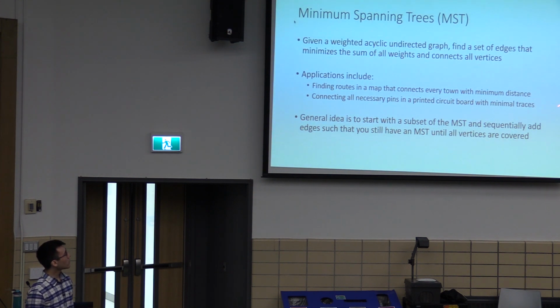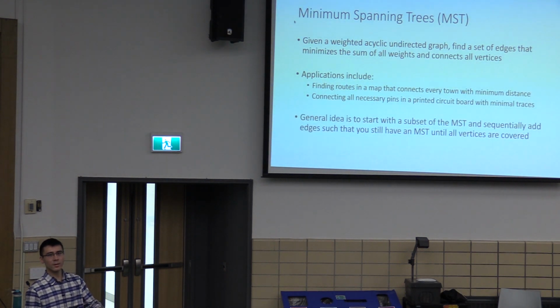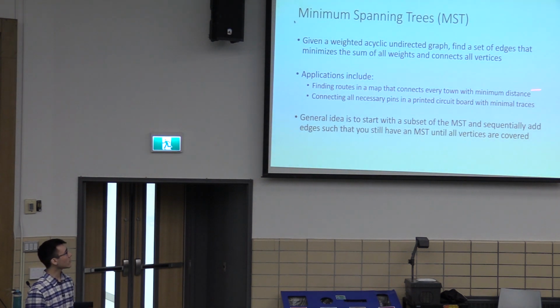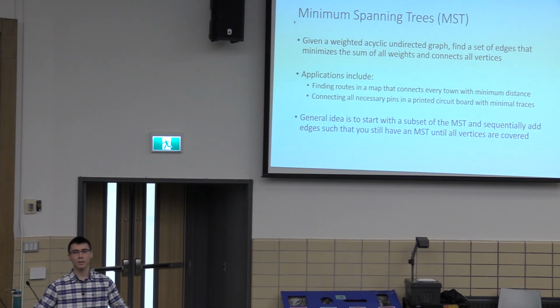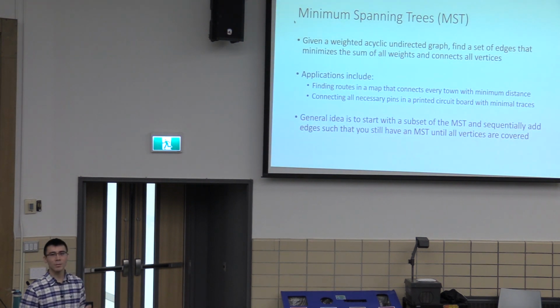We want to find how we should best do it to minimize the trace length. So how much copper is going to be required to actually connect different pins together. And ideally, we should try to minimize how many traces we make. So that's another application of a minimum spanning tree.